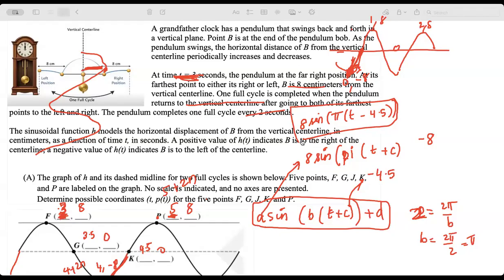Krish, one second. Is it a positive 4.5 or a negative 4.5? Yeah, it moved to the left, right? Basically, this point moved down, moved to the left. So it has to be a negative 4.5 if it is 8.